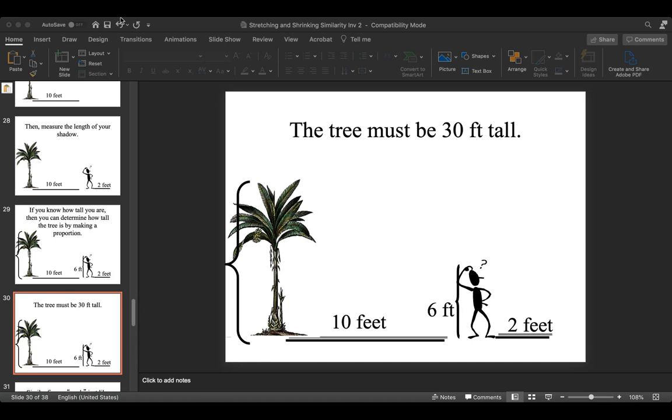If you want to see that a little clearer, we can do the equation. Let's make this larger.